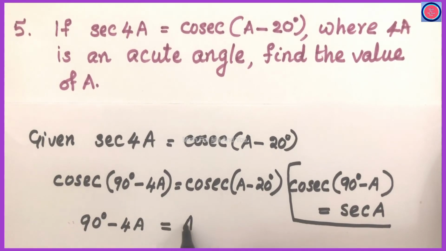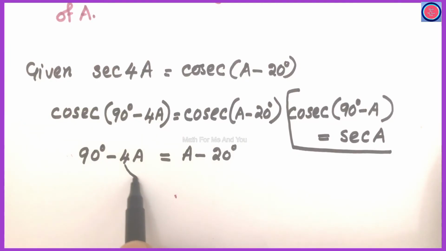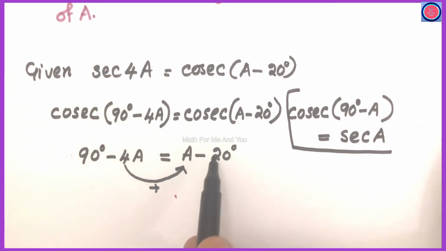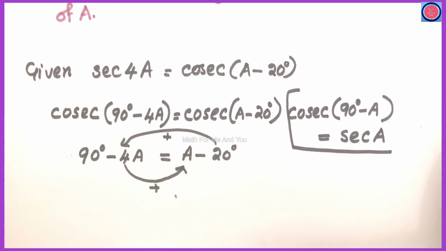So we can write 90 degree minus 4a is equal to a minus 20 degree. Collect a terms on one side, numbers on the other side. So we are moving minus 4a to the right side. It will be plus 4a on the right side. At the same time, minus 20 we can move to the left side. It will be plus 20 on the left side.